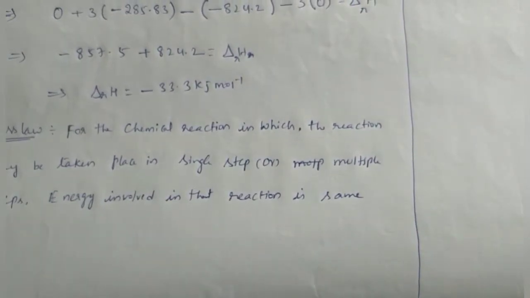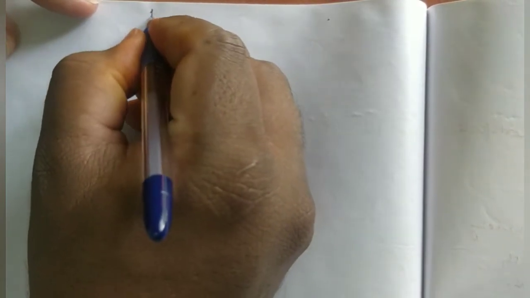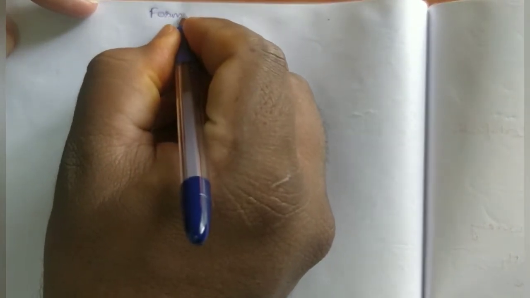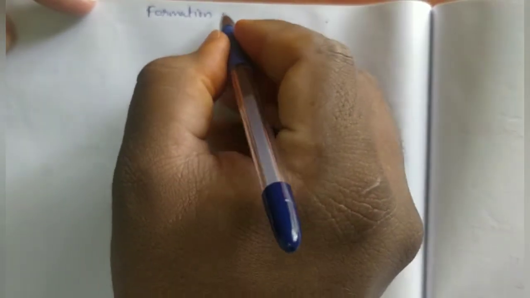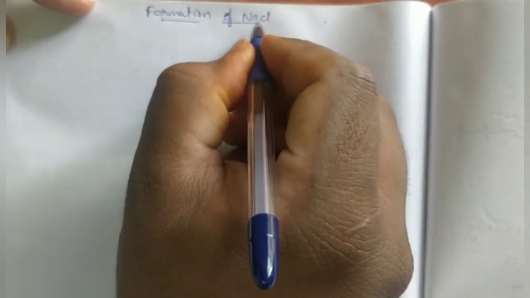Let us see how we are going to explain the Hess law. I am going to keep the heading: formation of NaCl. Observe carefully.